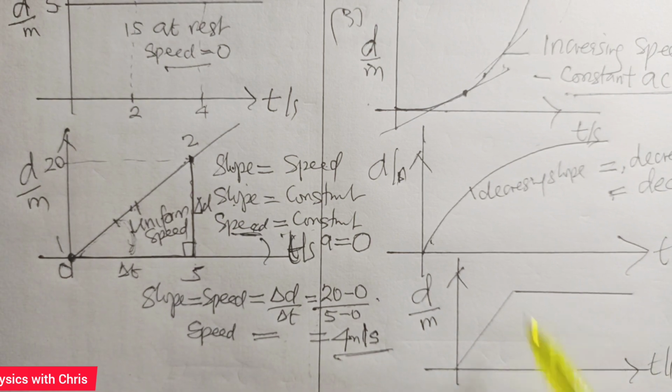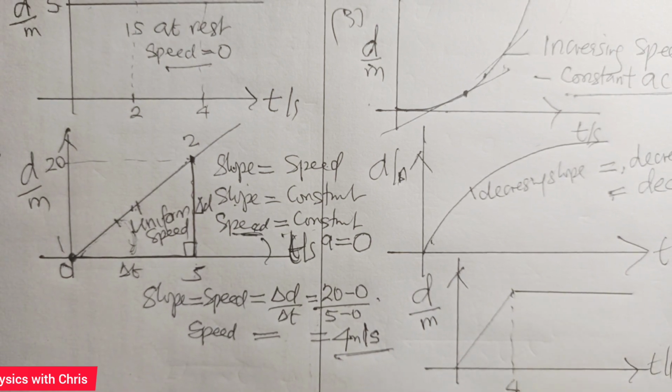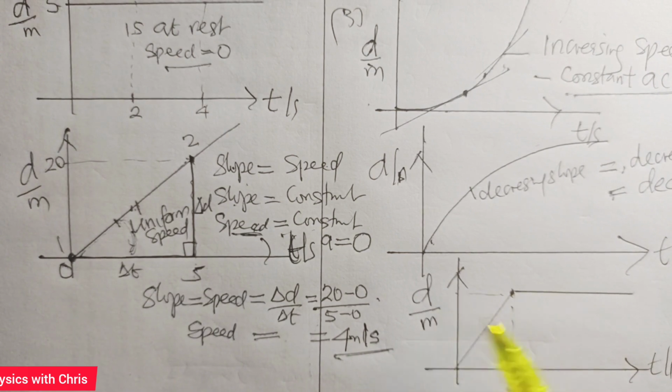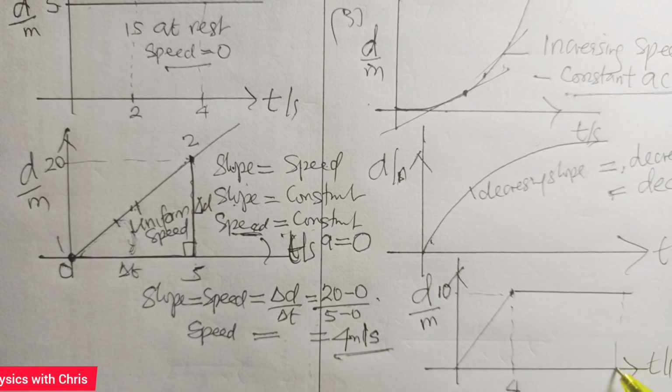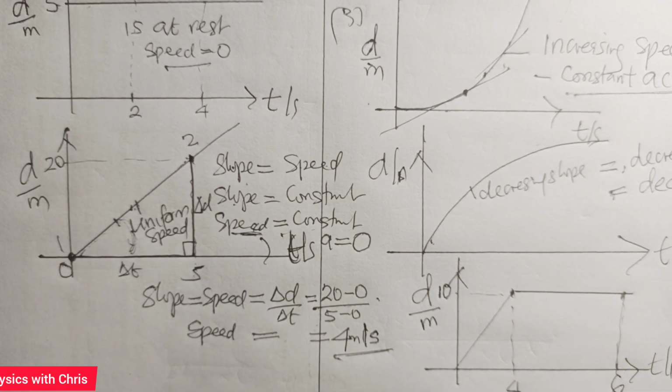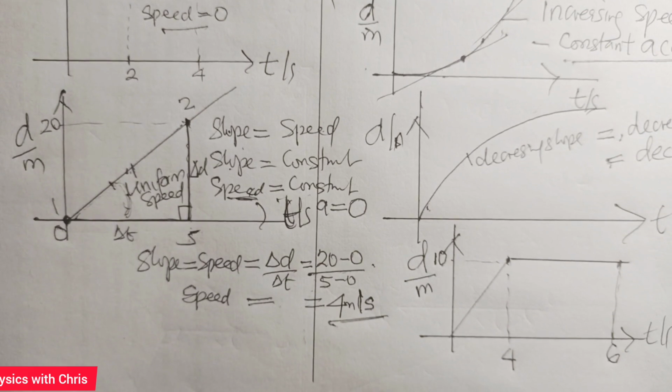Let's say for about 4 seconds, this point corresponds to a distance of 10 meters, and then we have this point corresponding to a time of 6 seconds. So how do we interpret this graph? Because if you're not careful, you'll be thinking the body is accelerating. Take note, this is a distance time graph, not velocity time.